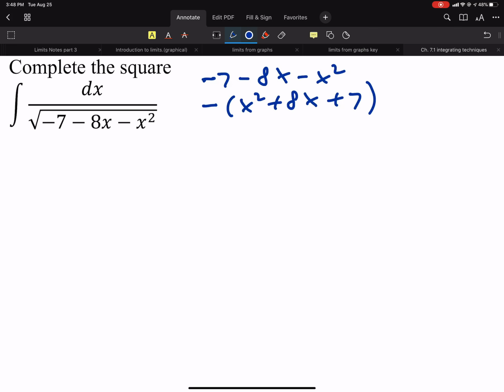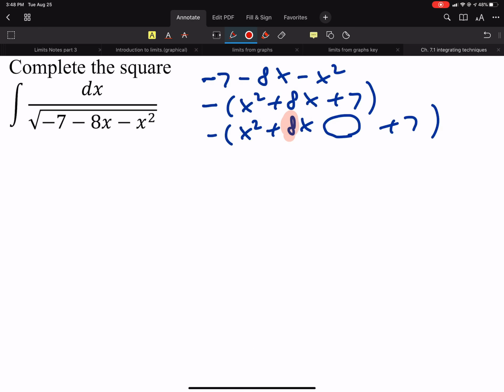And we're going to complete the square on the bottom. So what's the magic number we want there? I don't know if you remember how to complete the square, but you take half of this and square it. So half of 8 is 4, and 4 squared is 16. So I want a 16 there.